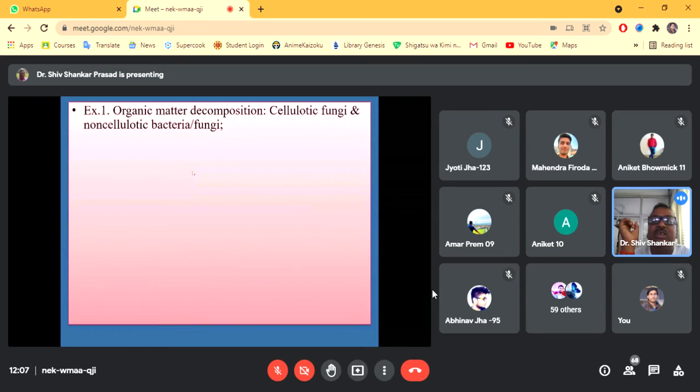So cellulolytic fungi act on cellulosic materials, and they are converted into non-cellulosic materials, and then those materials work as a food material for the non-cellulolytic bacteria and fungi. So this type of interaction is very much important.